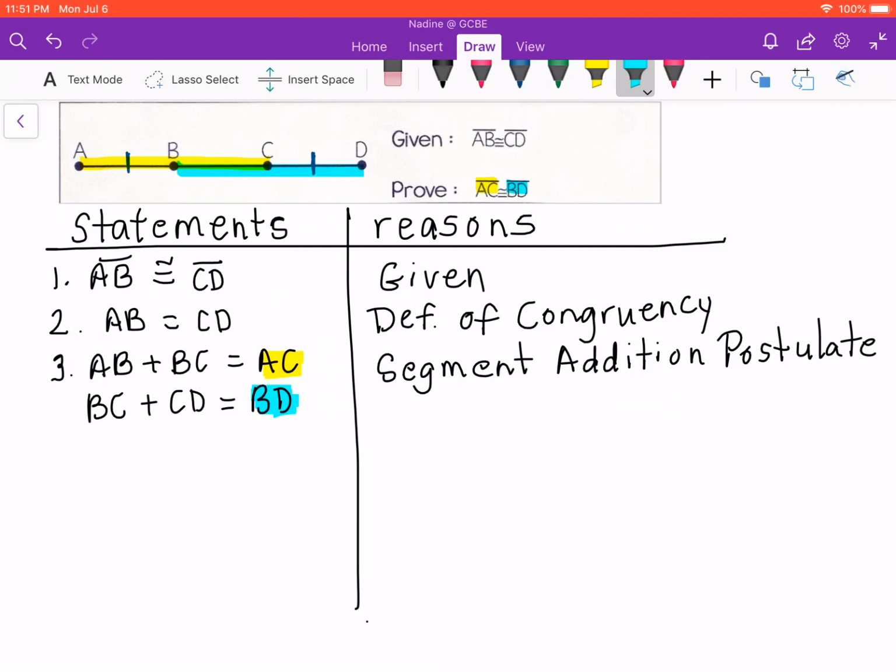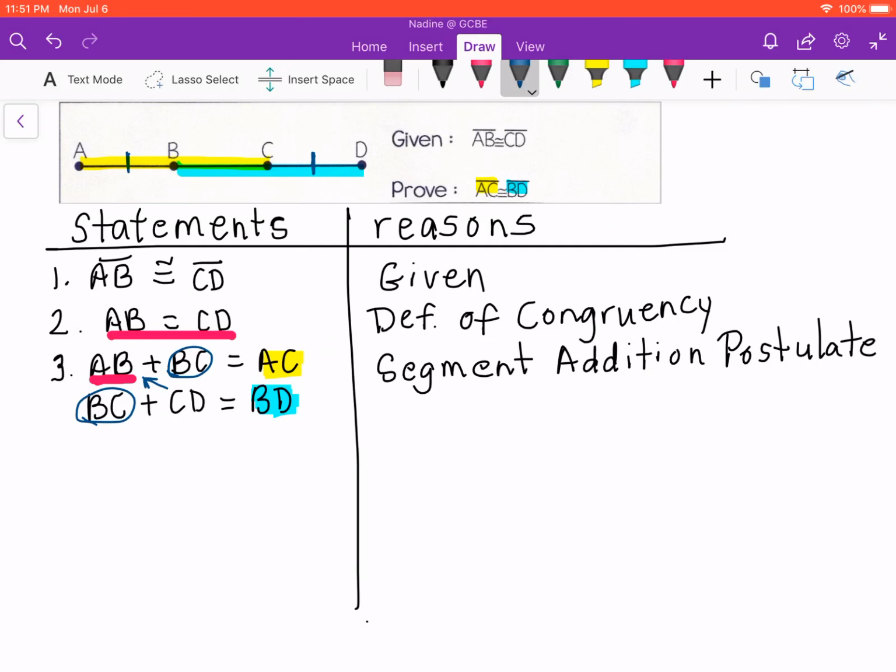I'm looking back up at my second statement, AB is equal to CD. I see an AB right there. We already have BC and BC, so we just need to turn that AB into a CD, and then they'll be exactly the same.